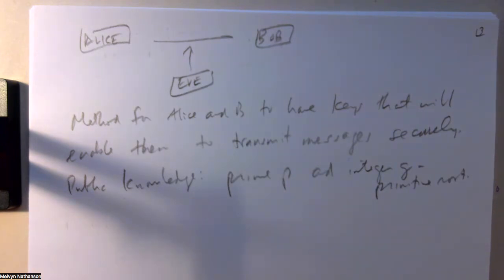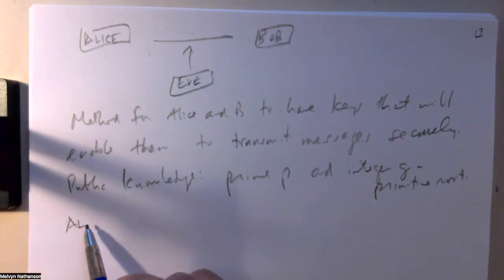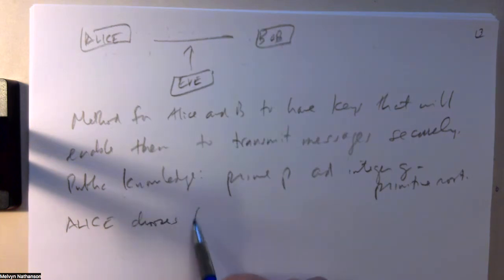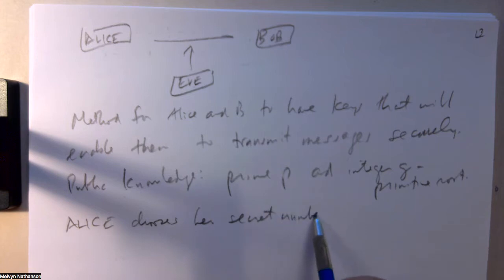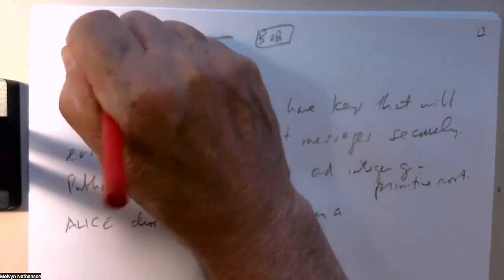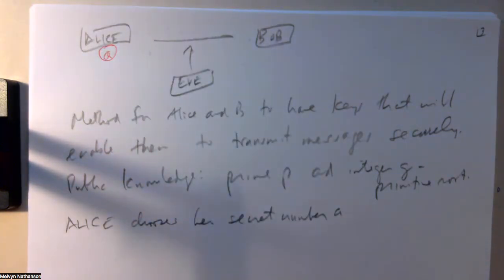And then this is what Alice does. Alice chooses her secret number a. So a is a number that's picked by Alice, and only Alice knows it. She's never going to transmit it.